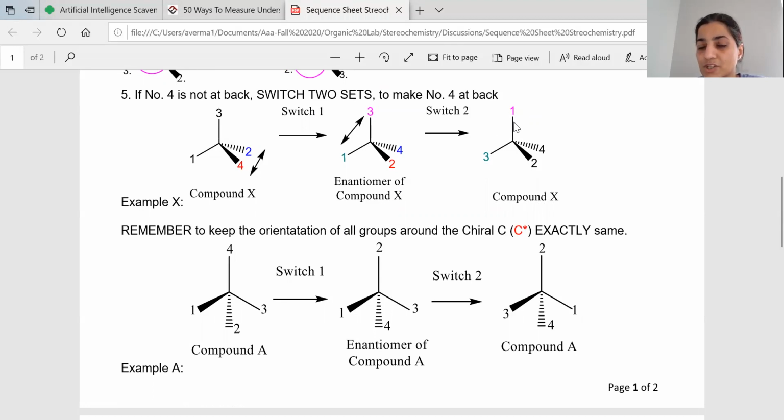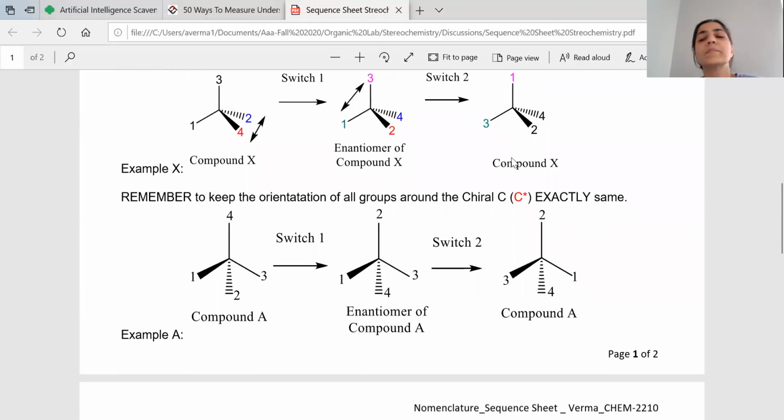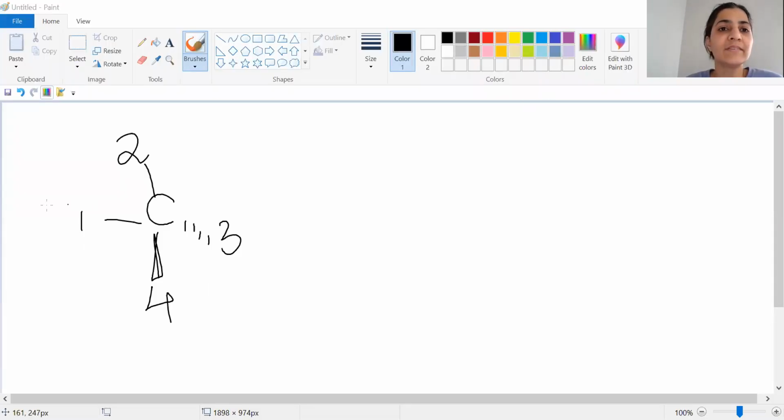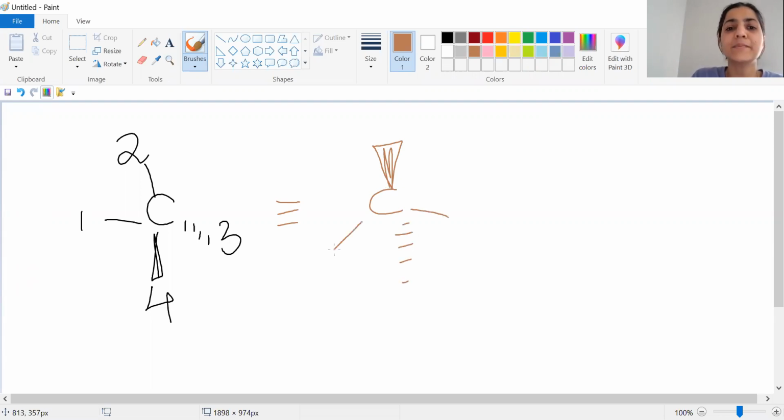What is the orientation of your bond types according to their priority? Always remember to keep the orientation as is. Do not move it around at your will. So if I have a molecule like this, I cannot draw it in a random manner.